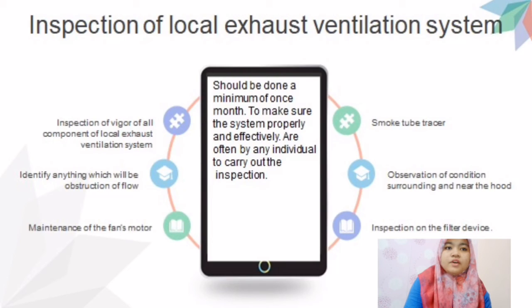Second, identify anything which will be an obstruction of flow. Third, maintenance of the fan motors. Fourth, smoke tube tracer, then observation of the condition surrounding and near the hood. Then lastly, inspection of the filter device.